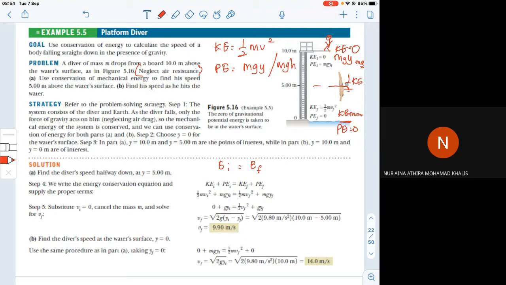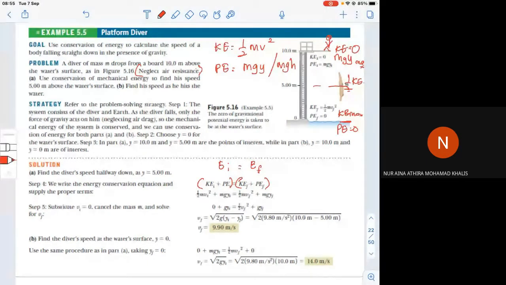Maybe at that point KE is 0, for example. Don't bother much about that. Just focus on this being the correct form: KE initial plus PE initial equals KE final plus PE final. Then you put the equations accordingly, which means KE is half m v initial squared, m v final squared, for example.